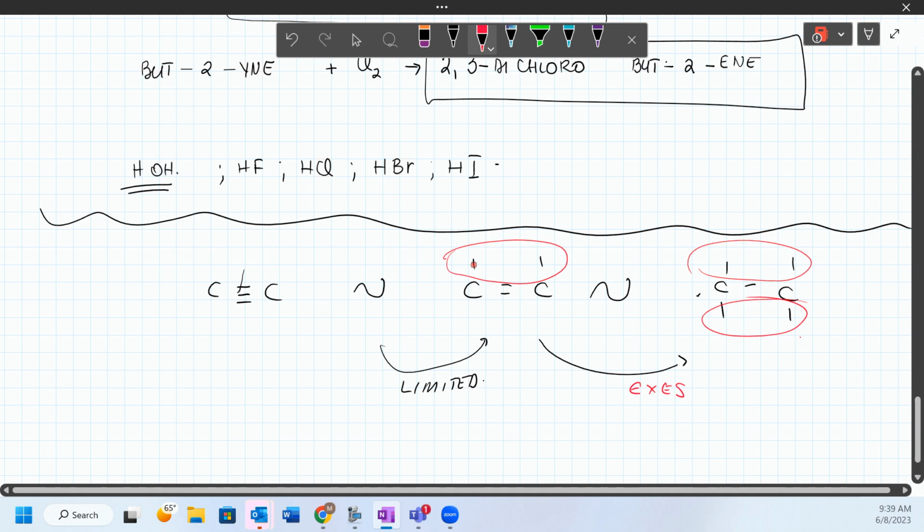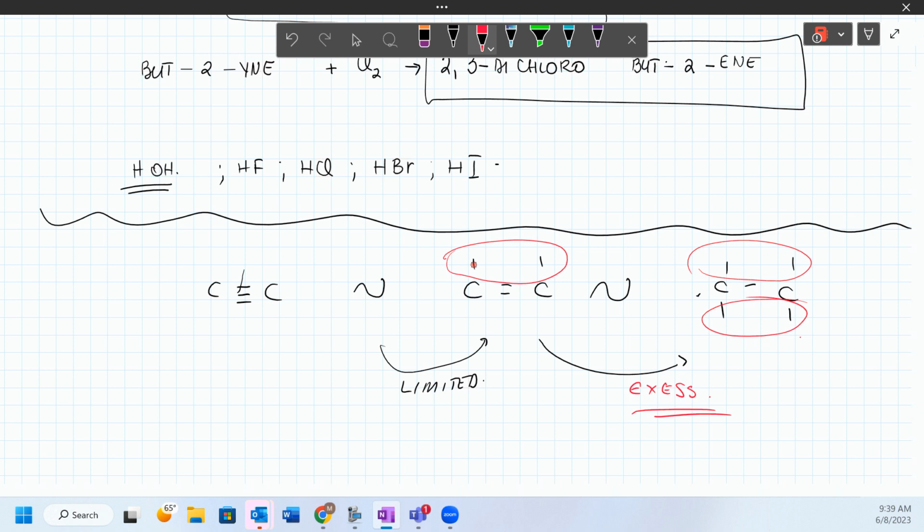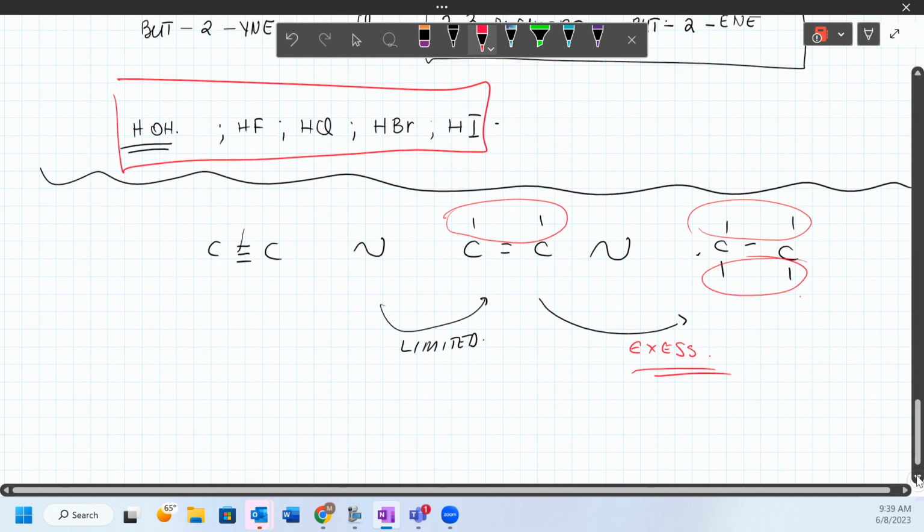And this is when it is excess. Okay, so 4 spots will be filled. And keep in mind that it is important to look for isomers all the time when we are dealing with this one here. We'll see a case here.